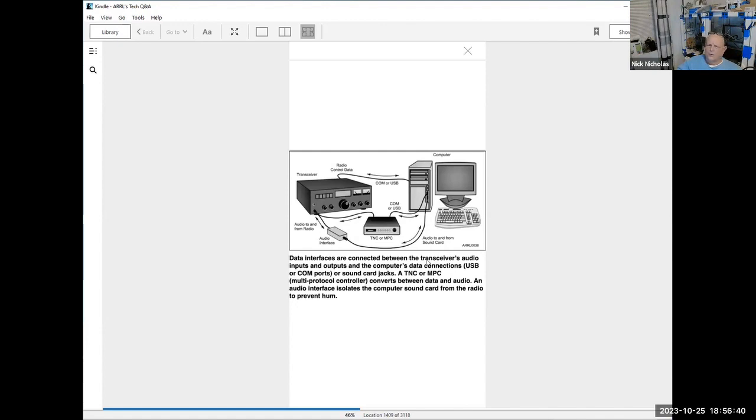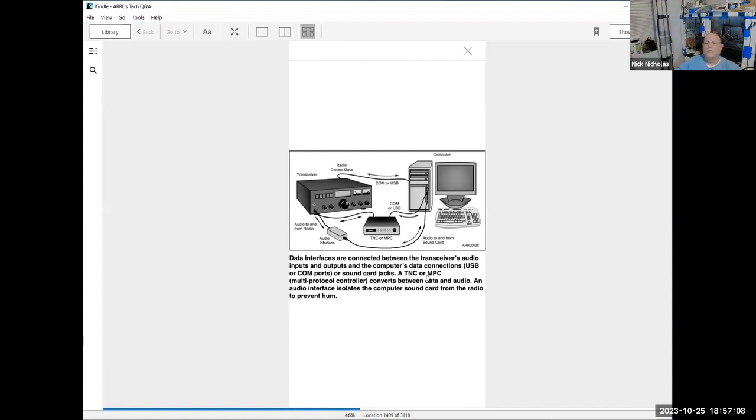There are all sorts of TNCs and MPCs, terminal node controllers, which was originally used predominantly for packet, and multi-protocol controllers, which are designed so that you can get all sorts of digital modes from the same box. They're all cool. They all cost more money the more fancy they are, but they all work great.